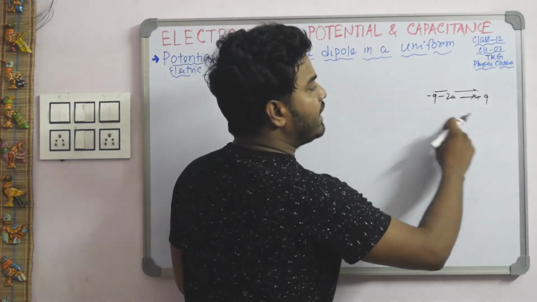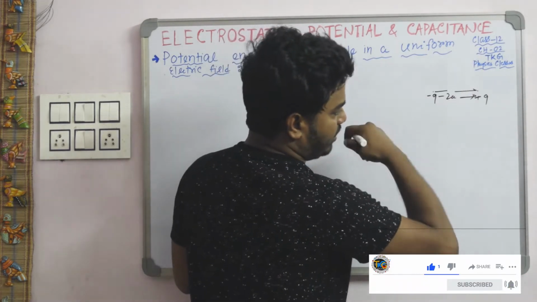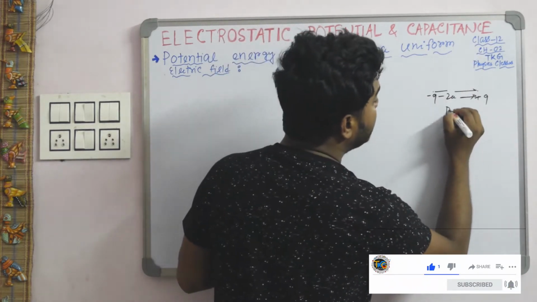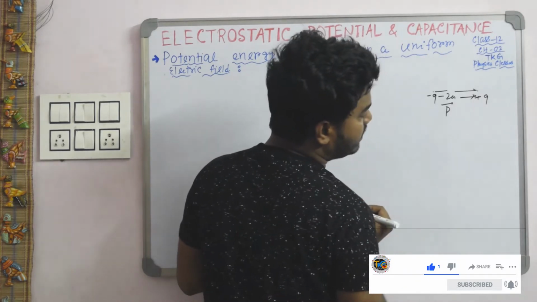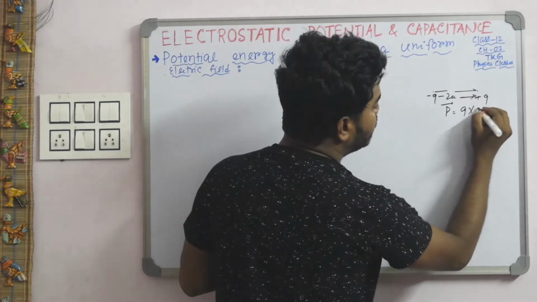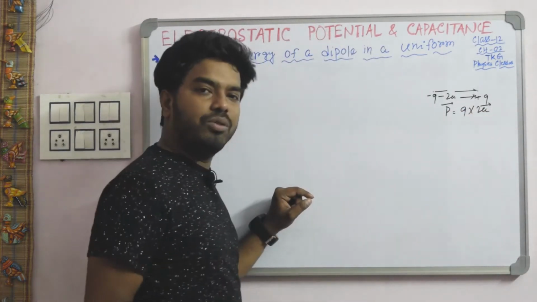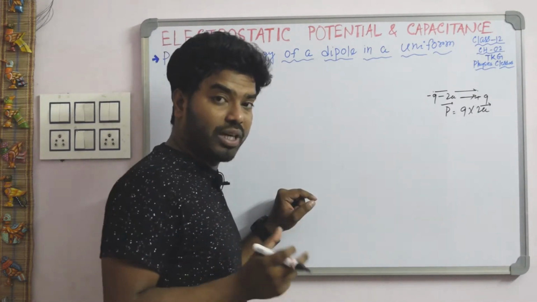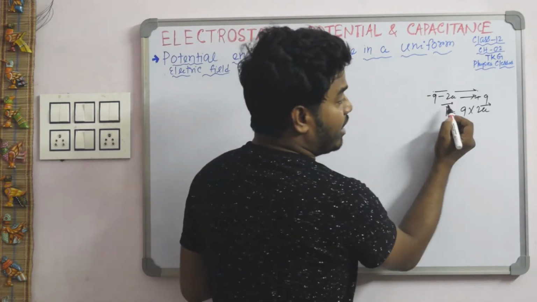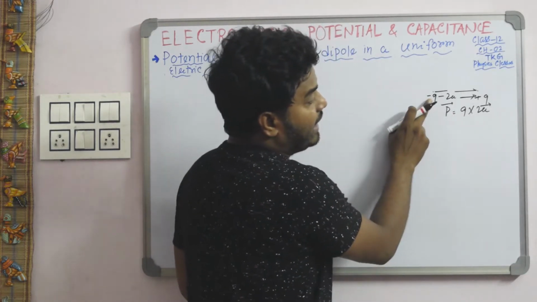To indicate the strength of the electric dipole, we use the electric dipole moment, represented by the symbol P, with the formula P equals q into 2a, that is, charge into the separation between the two charges. The direction of the dipole moment is always from the negative to the positive charge.